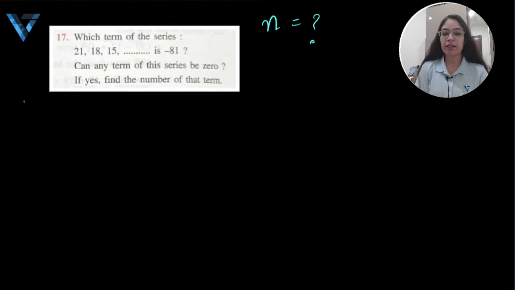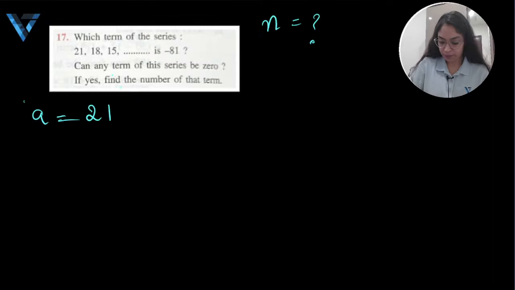So what is a and d in this sequence? What's the value of a and d? So a is 21. First term of the sequence is 21.